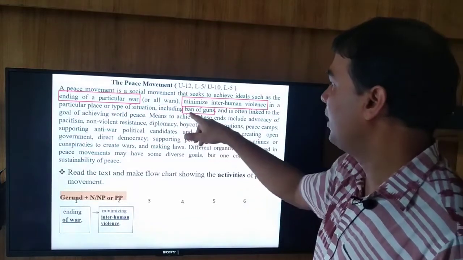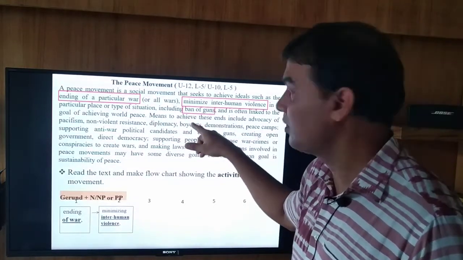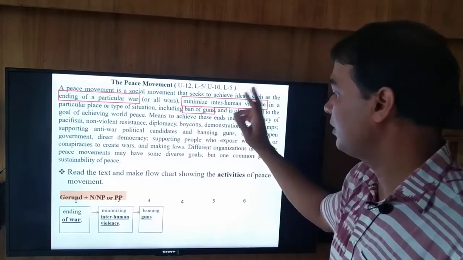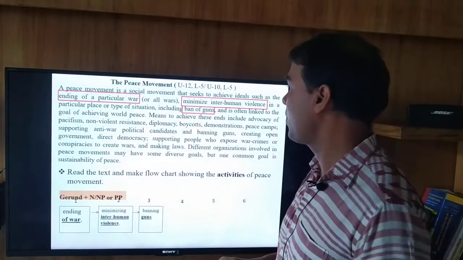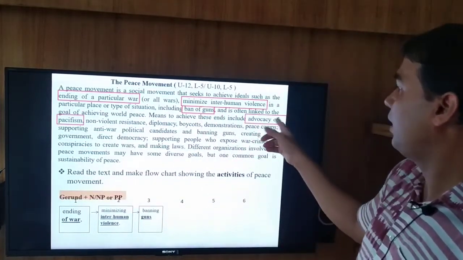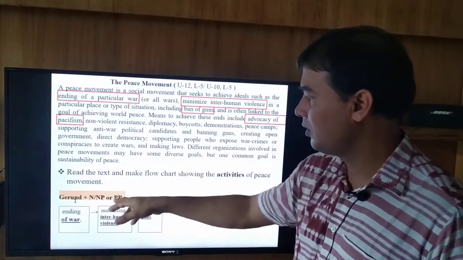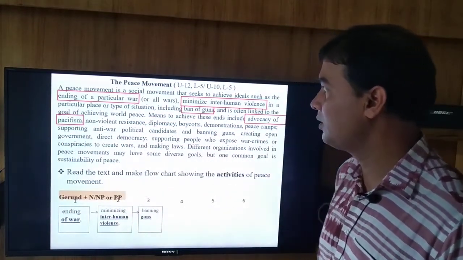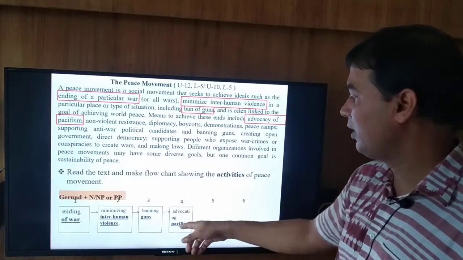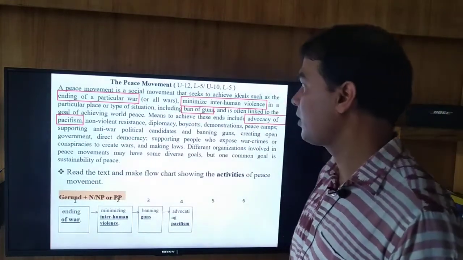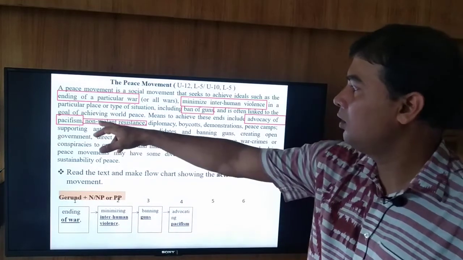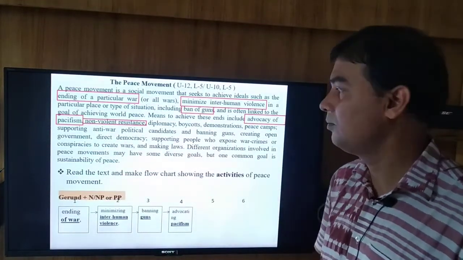Next you see ban of guns, so we can transform it to banning guns. Next you see advocacy of pacifism, so we can make it gerund plus noun phrase. How? Advocating pacifism. And the next one, non-violent resistance.